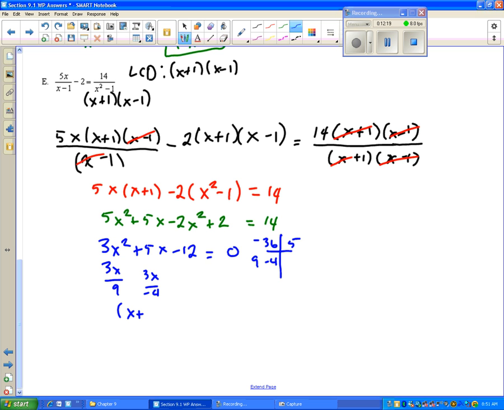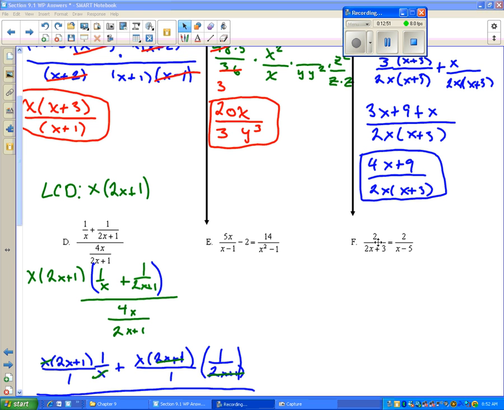So I'm going to have x plus 3 times 3x minus 4 is equal to 0. This term will give me x equals negative 3. Here you're going to add 4 and divide by 3, so x is equal to 4/3. Go back to my original problem. Neither of these are going to give me 0 in the denominator, so both of these should be good answers.